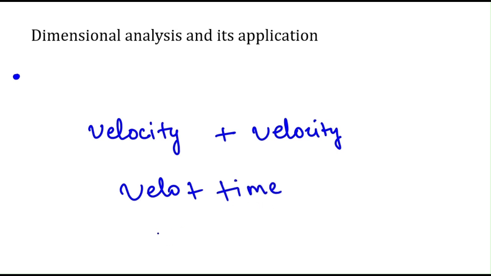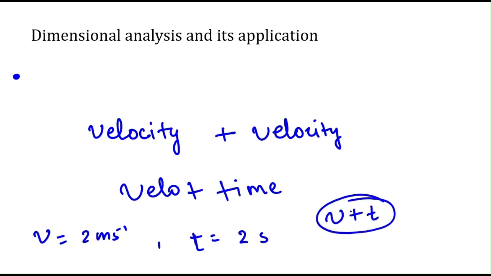Suppose you have two different values. Let's say you are given velocity to be 2 meter per second and you have time, suppose 2 seconds. Now, if you want to know what velocity plus time is, this is not the way we can add them. Actually, we are not going to add them. This is what we already stated here: quantities can be added or subtracted which have the same dimensions, because velocity and time have different dimensions.